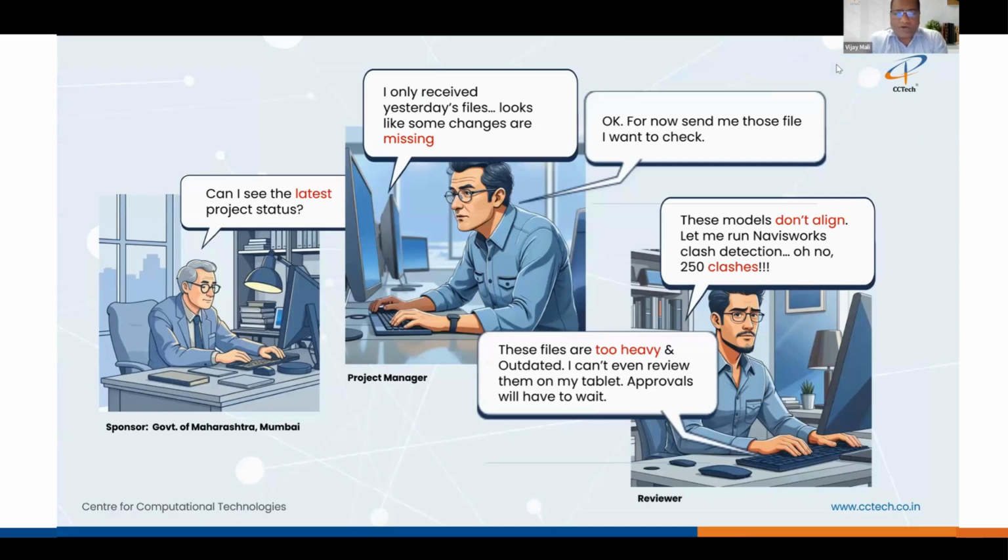And then there are other stakeholders like the client, the government of Maharashtra, for example, a guy sitting in Mumbai. He wants to see the latest project updates. He wants to see where we are today, kind of questions that he has, and he's looking for that data.